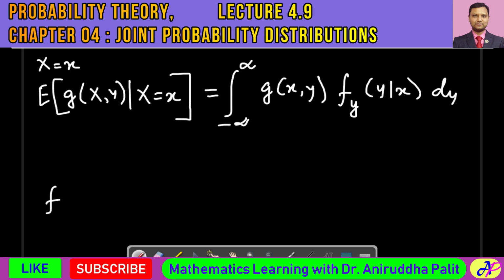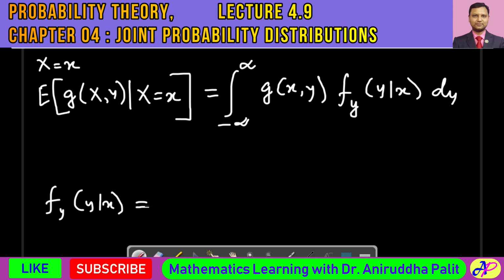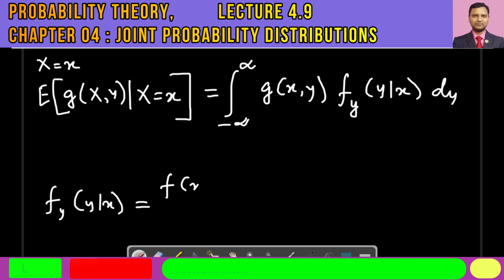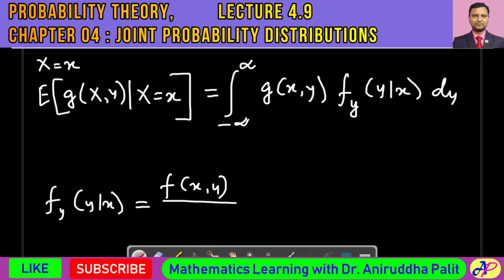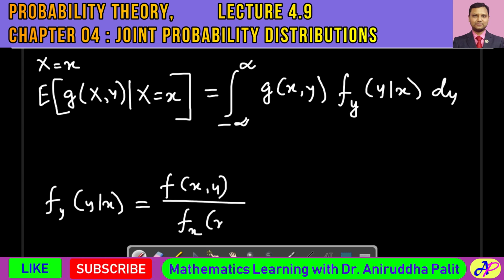And we know that f_Y(y given x) can be written this way: the joint density function f_XY divided by the marginal density function of x.